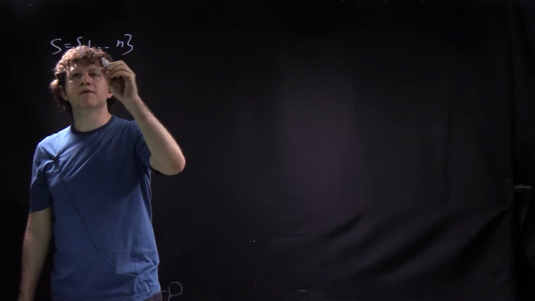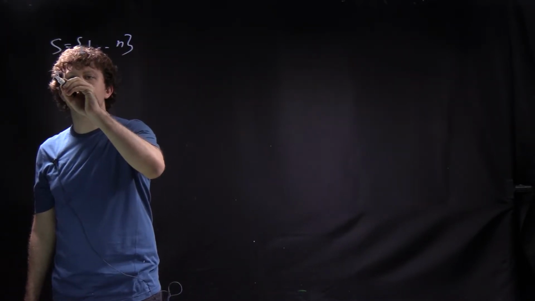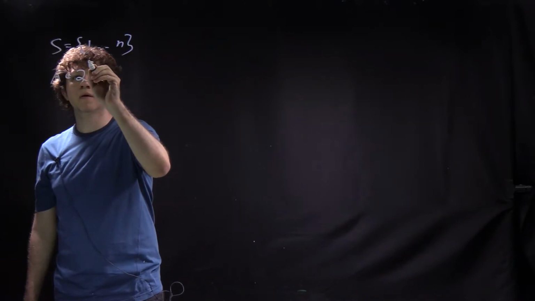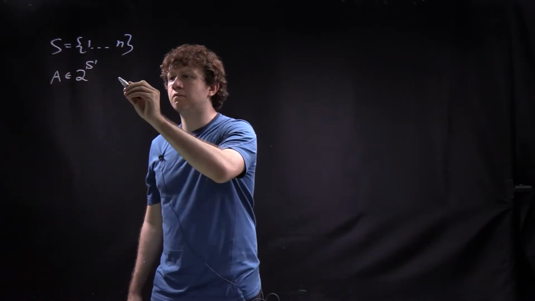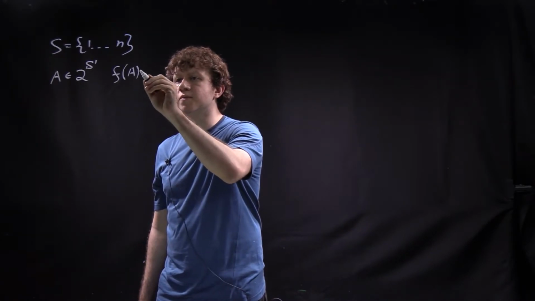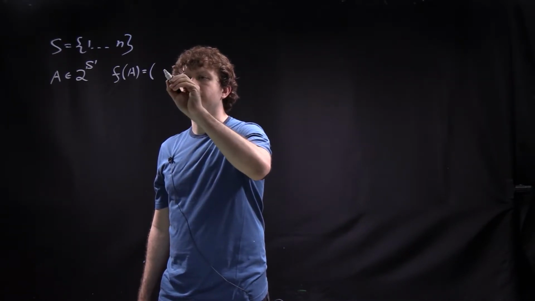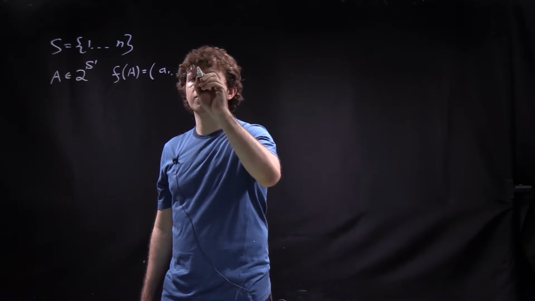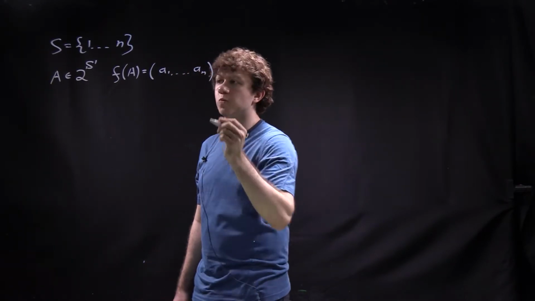Okay, so what about binomial coefficients? Let's take the same set 1 to n, and a certain subset A. I associate to it a certain code, F of A, which is a sequence, let me call it A1 up to AN, of zeros and ones.